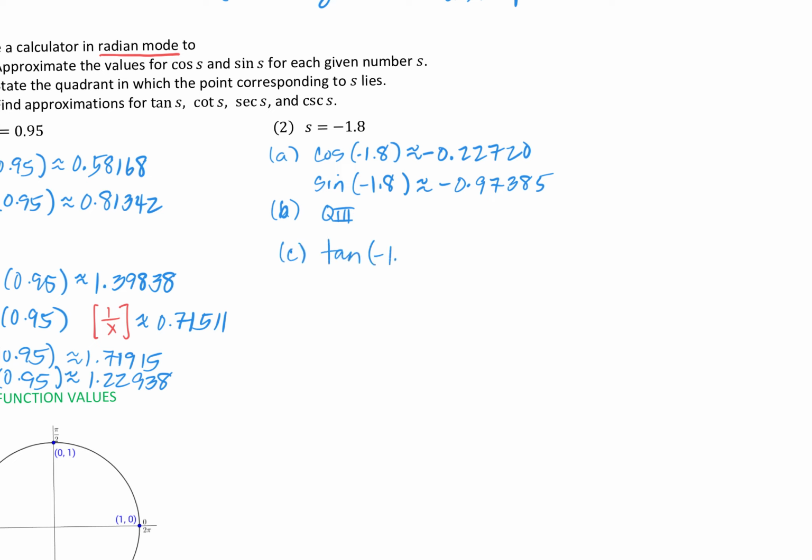Okay, so if we're going to look at values for tangent, in my calculator, I get 4.28626. We'll go to cotangent of negative 1.8.